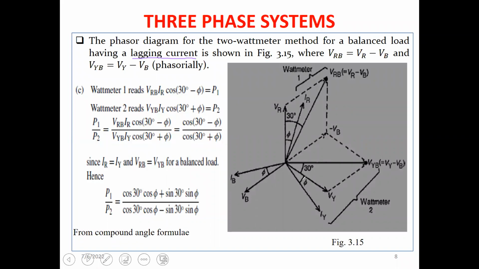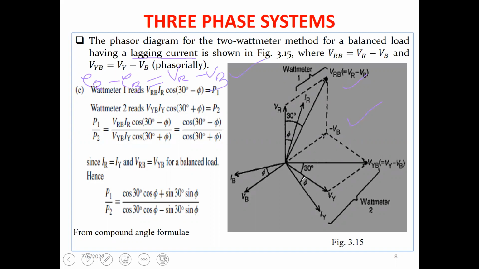So it's shown, this is the figure of our Phasor diagram, where VRB, that is the voltage across the red phase and the blue phase, we say is ER minus EB, which is the same as VR minus VB.